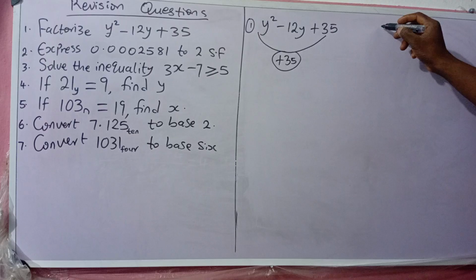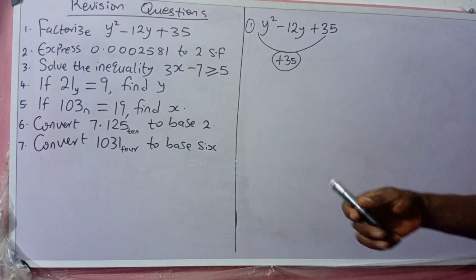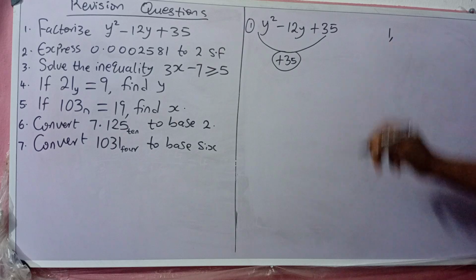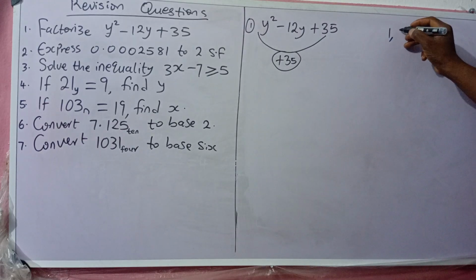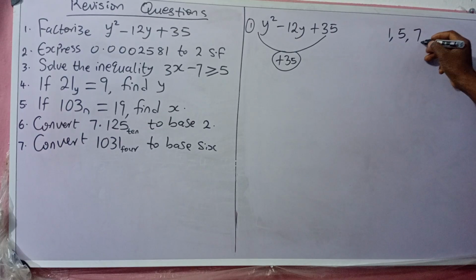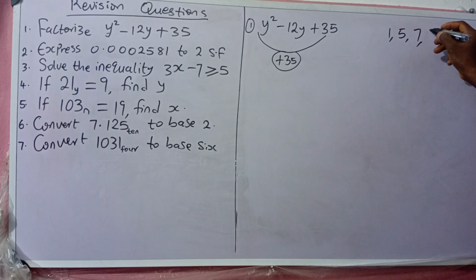Checking the factors of 35, these are the numbers that can divide 35 without remainder. We know that 1 can divide 35, 5 can divide 35, 7 can divide 35, and 35 can divide 35.